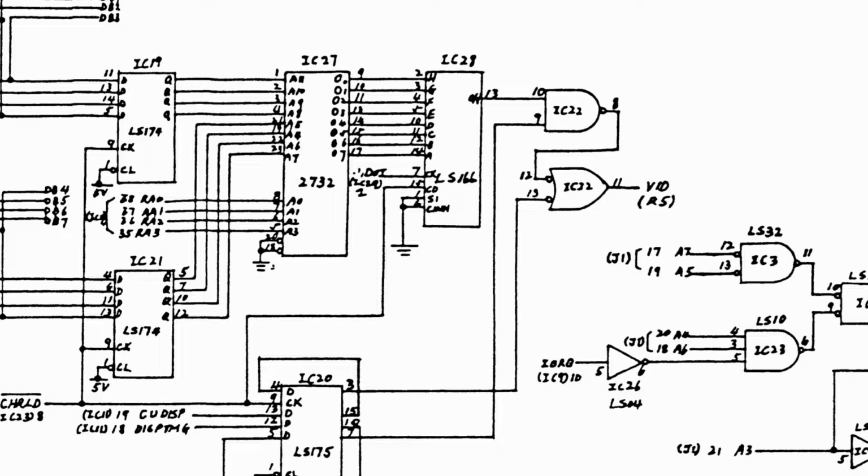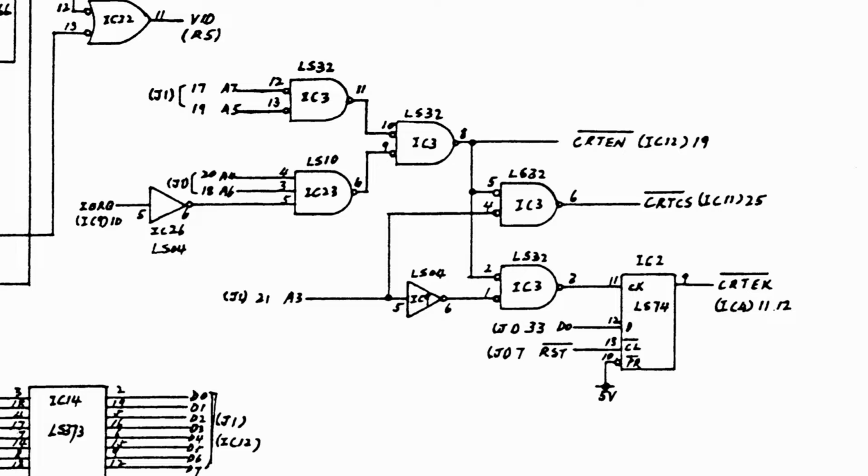So character number 0 starts at location 0, character number 1 will start at location 16, number 2 at 32, and so on. And then down the bottom here, we've got the 4 address lines that come from the raster outputs on the CRTC. This is what drives the individual scan lines for each character, which is just an offset within those blocks of 16 characters in the ROM.